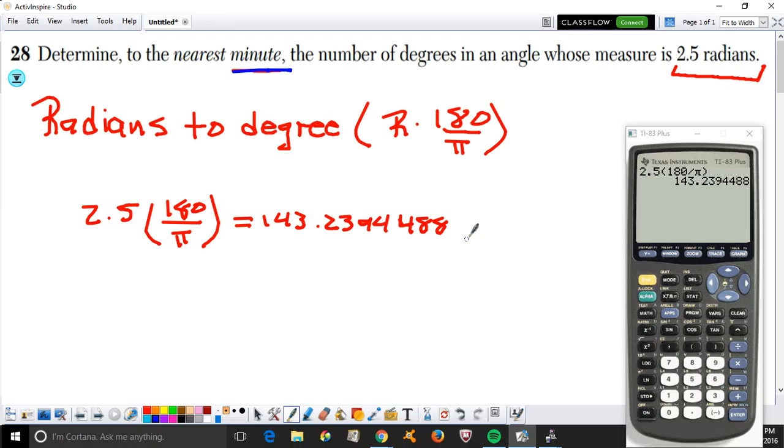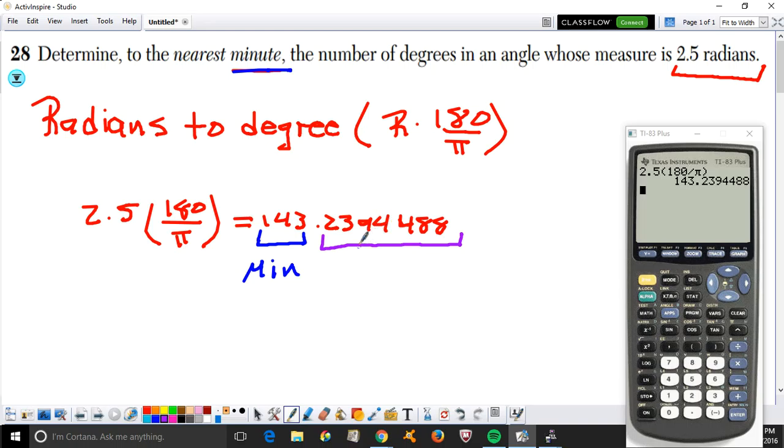Now this is a whole unit. How can we convert this into minutes? Well, the whole unit, this is your minute. So we want to know seconds as well. So our decimals over here, we want to convert those decimals into the minute.